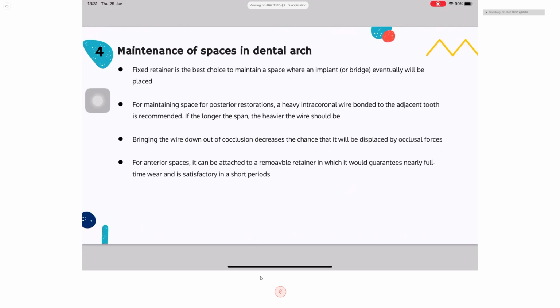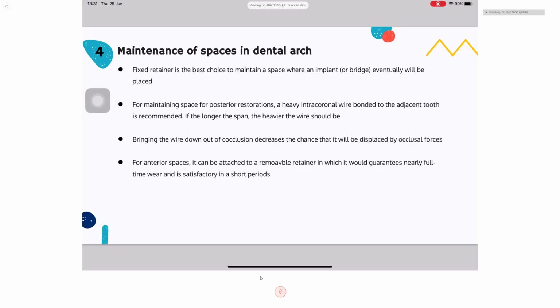A fixed retainer is the best choice to maintain a space where an implant or bridge eventually will be placed. For maintaining space for posterior restoration, a heavy intracoronal wire bonded to the adjacent tooth is recommended. The longer the span, the heavier the wire should be.